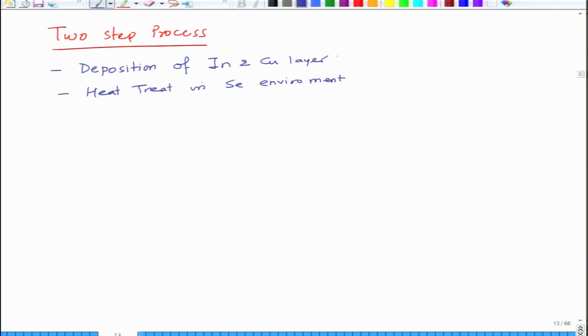This deposition of these layers is done by either sputtering or electrodeposition, or one can do evaporation, E-beam evaporation for example, or even screen printing.